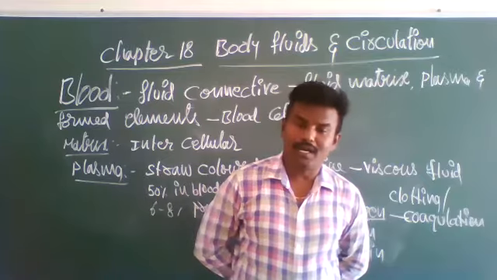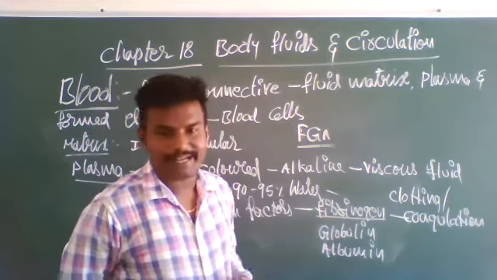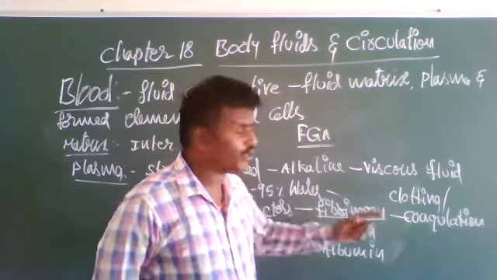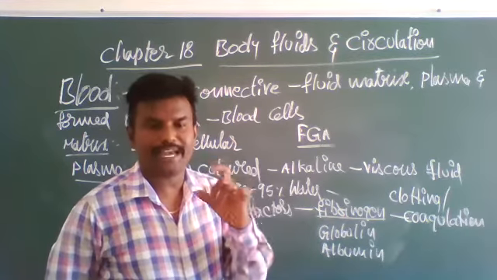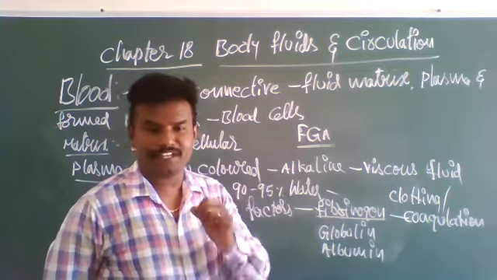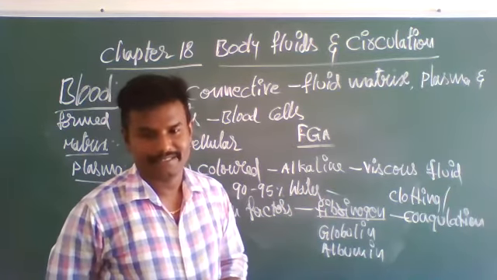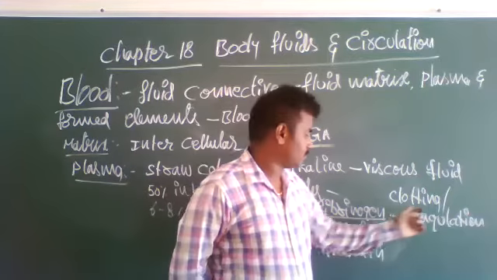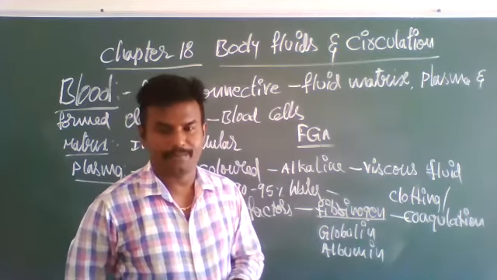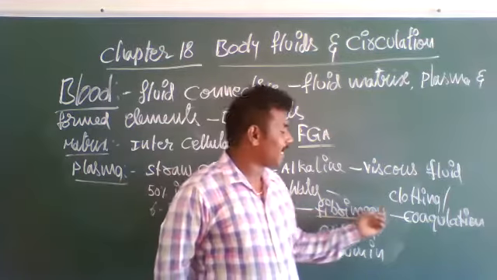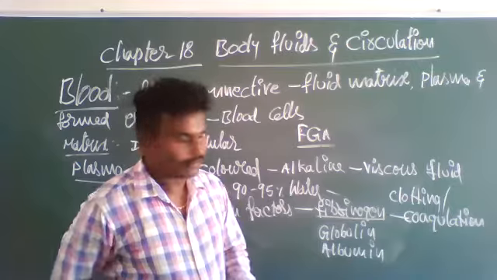The active formation of fibrinogen depends upon vitamin K. If we have sufficient vitamin K, then the blood is clotted. Fibrinogen is mainly involved in coagulation or clotting.